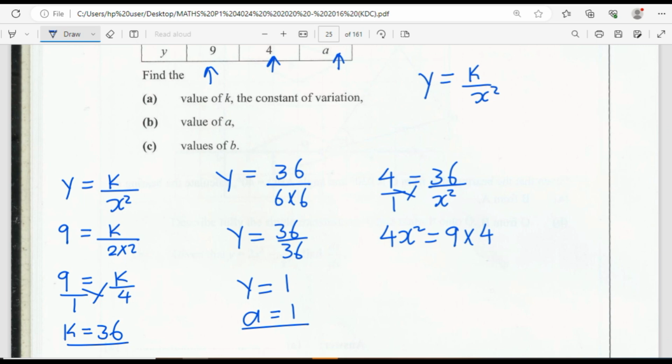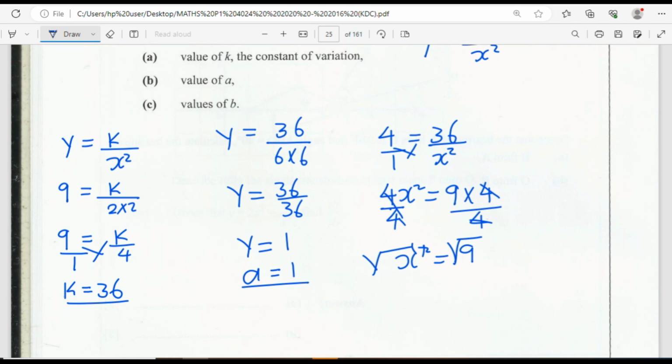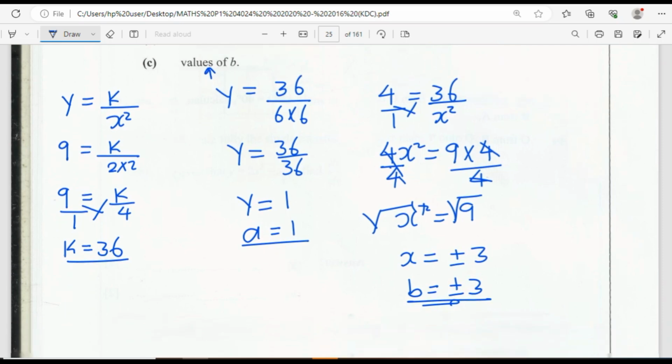If you divide by 4, the 4's can cancel. Then we have 9. We take out the square root. So we have x is equal to plus or minus 3, which is b is equal to plus or minus 3. So we have two values. That's why there is this plural, values of b. So that's our answer.